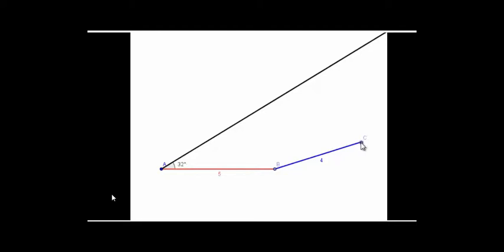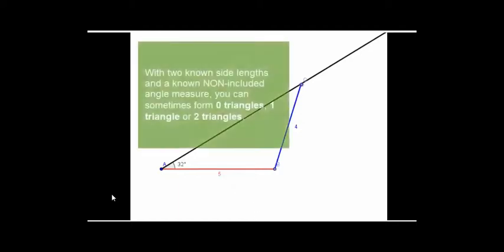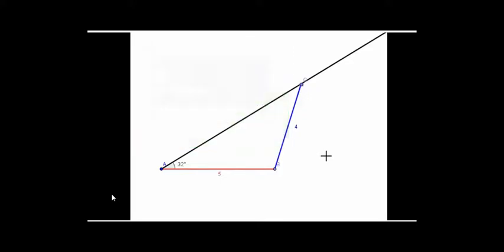So let's move this side over here and form our first triangle. So as you can see, we can form a triangle with this information, so that's good. But the question is, can we form 2?